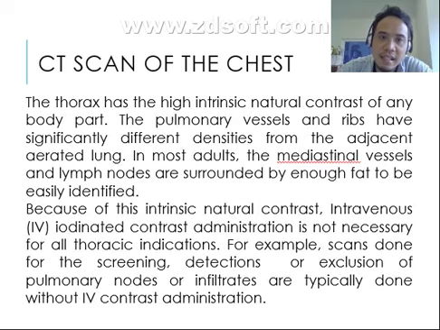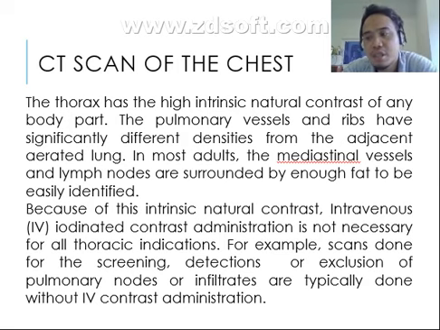The thorax has the highest intrinsic natural contrast of any body part. The pulmonary vessels and ribs have significantly different densities from the adjacent aerated lungs. In most adults, the mediastinal vessels and lymph nodes are surrounded by enough fat to be easily identified.